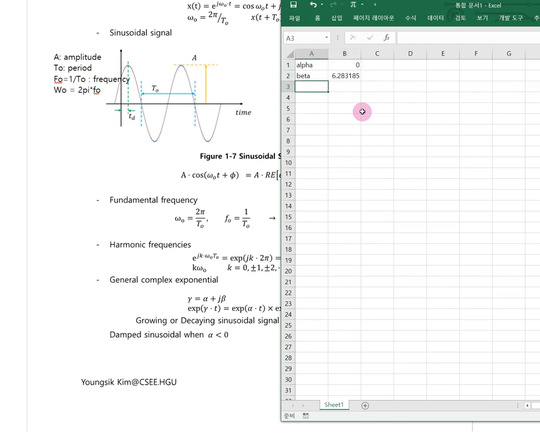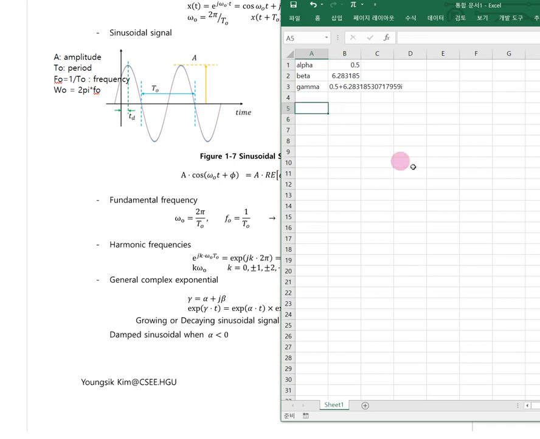So gamma is a complex number, alpha is the real term, and beta is the imaginary term. At this moment the real term is 0, so I would like to apply some number. Let us assume it's 0.5. Then the real term is 0.5, and the imaginary term is 6.2j.